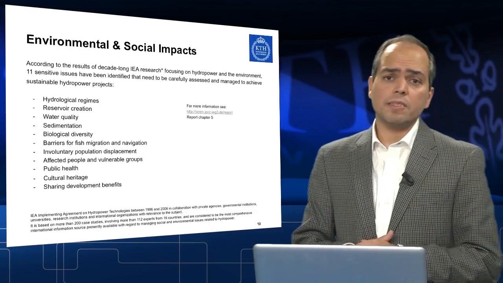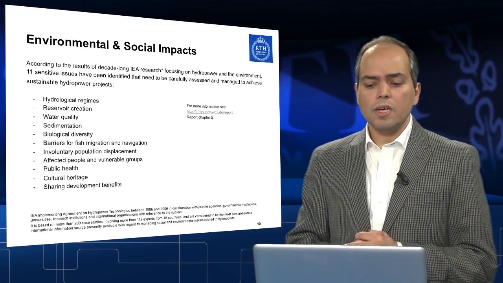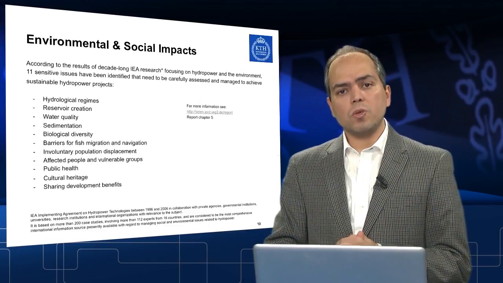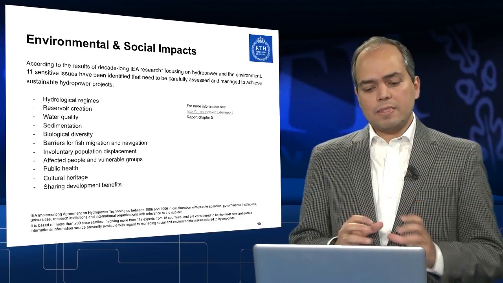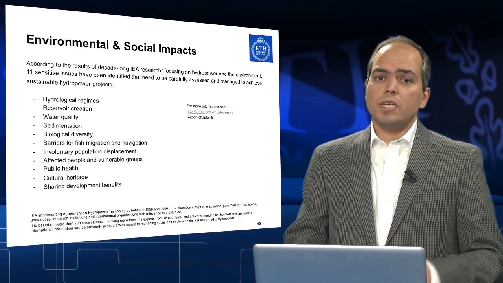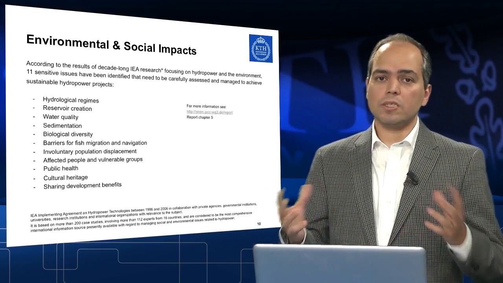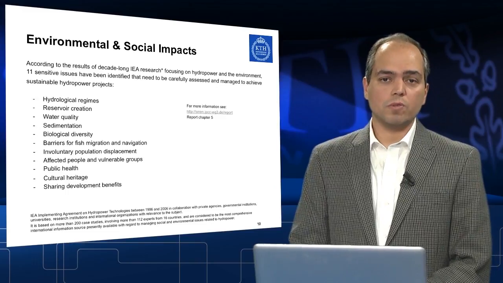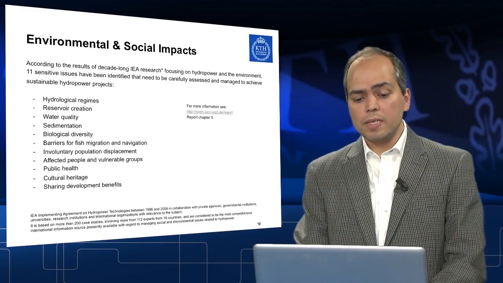A very comprehensive study on the environmental and social impact of hydropower was done by the International Energy Agency. And then 11 sensitive issues were identified, which more or less cover all the issues, discussions and debates around the social and environmental aspects of the hydropower plant.